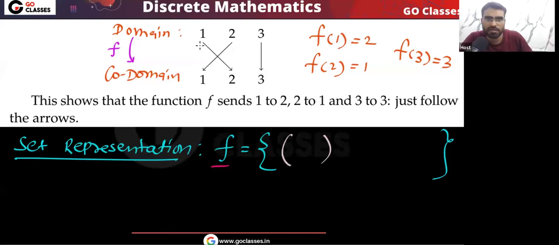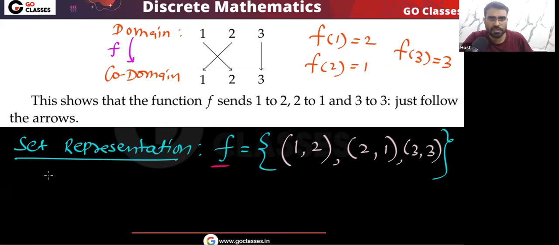You can notice that 1 is mapping to 2, 2 is mapping to 1, and 3 is mapping to 3. So this is another representation of function, the set representation. You can see the first element is coming from domain, the second element is coming from codomain. Is this clear? So this is another representation of the same function.